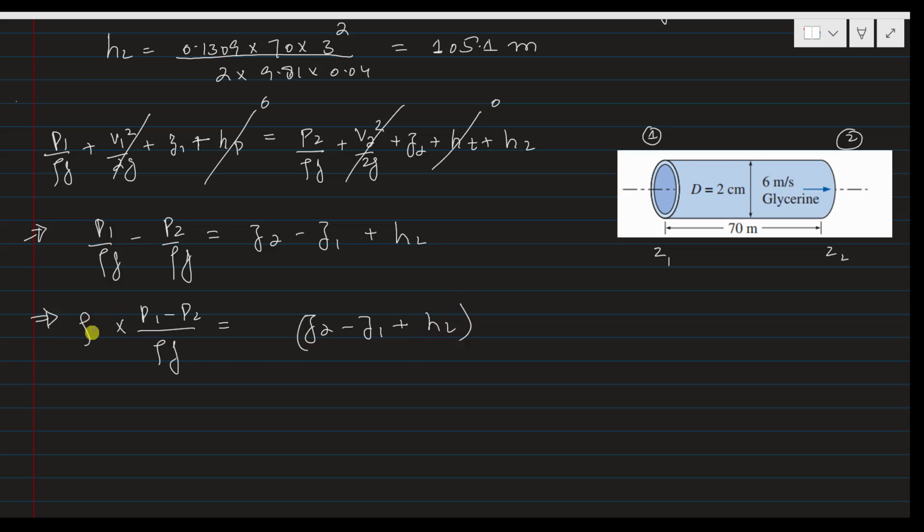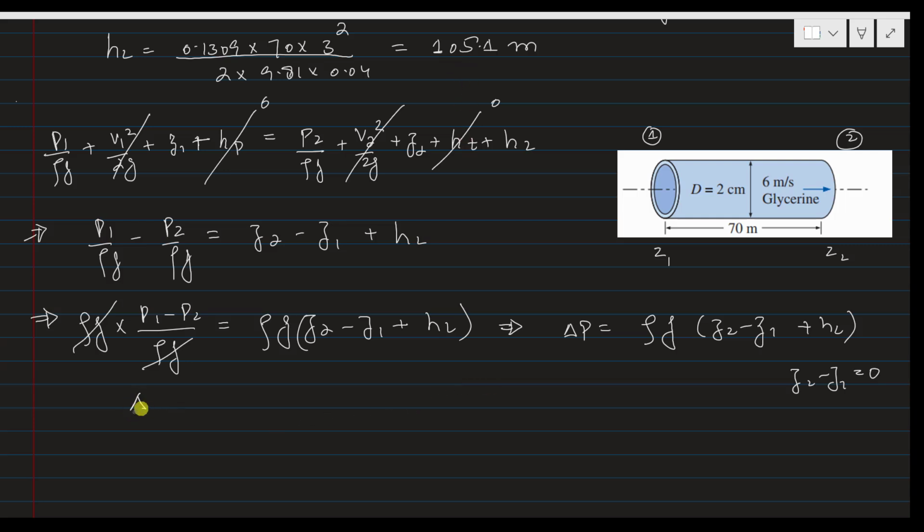Multiply both sides with rho g. So this will be cancelled out, and P1 minus P2 is the pressure difference. So I can say that pressure difference is equal to rho g into Z2 minus Z1 plus head loss. In this first case, when the pipe is in the horizontal position, Z2 minus Z1 is equal to 0, and for the head loss you will put this value.